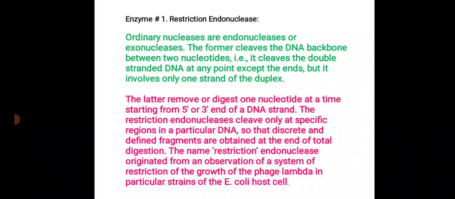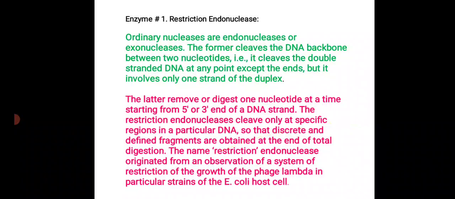The latter removes or digests one nucleotide at a time, starting from the 5' or 3' end of a DNA strand. The restriction endonucleases cleave only at specific regions in a particular DNA so that discrete and defined fragments are obtained at the end of total digestion.